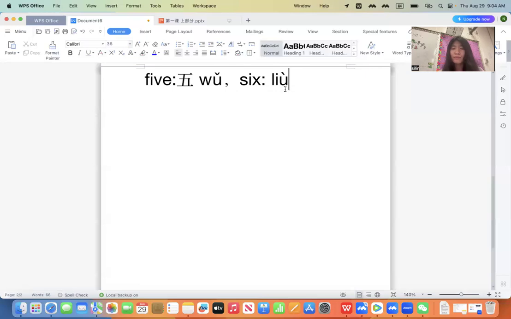And this is the character for 6. This one says li, and this one says you. Together they say liu, 6. In Chinese we use this gesture to show 6.